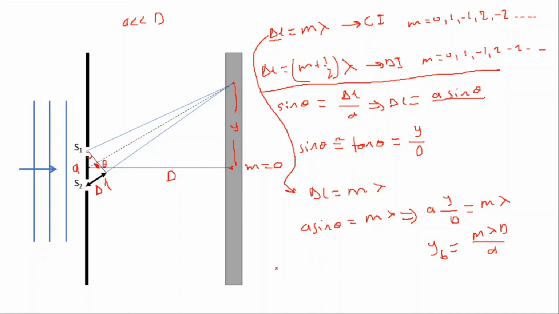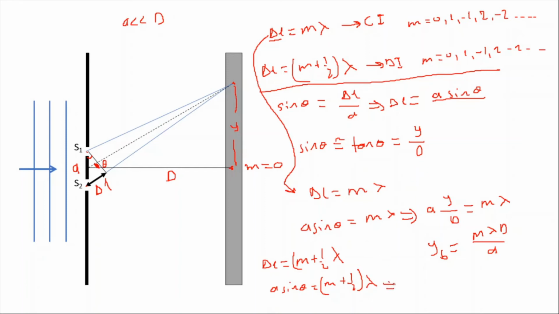What about for dark fringes? In this case, delta L is equal to m plus 1 over 2 lambda. And delta L, we know that it is a sine theta. So a sine theta is equal to m plus 1 over 2 lambda. And we know that sine theta is equal to y over d.